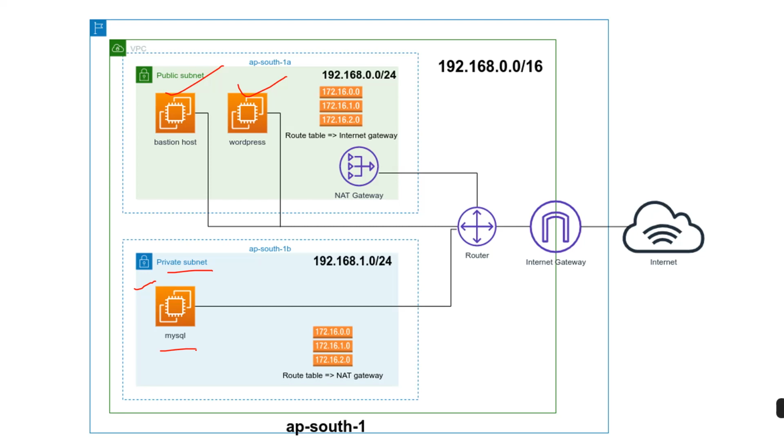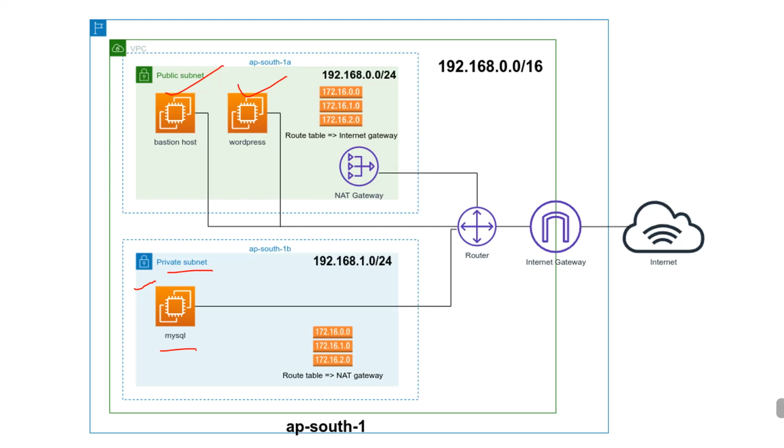So how will we access this? We can access it through the public subnet resources. In the VPC section, suppose we create a custom VPC, then in this VPC our resources can communicate with each other, right?